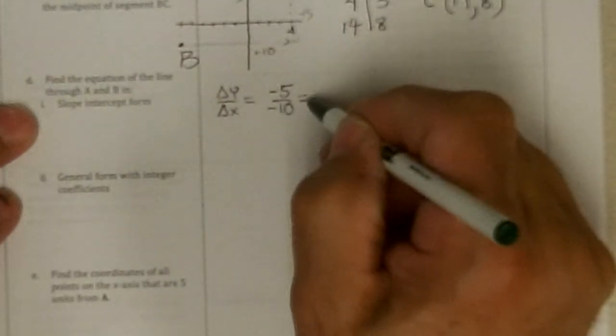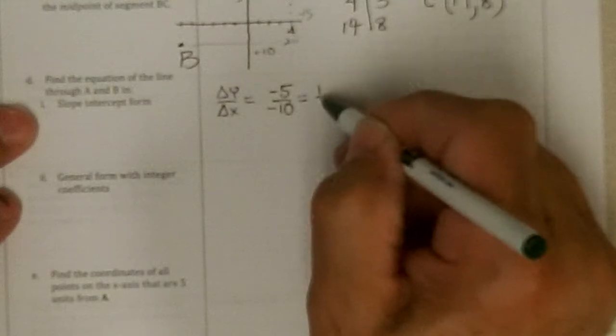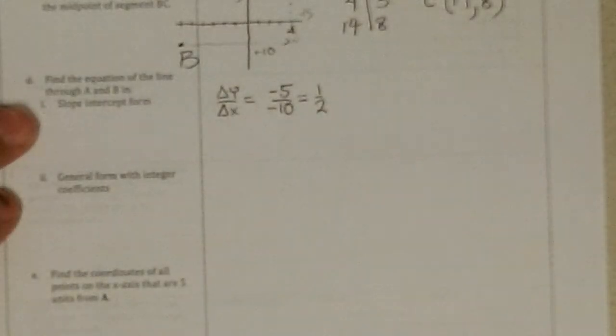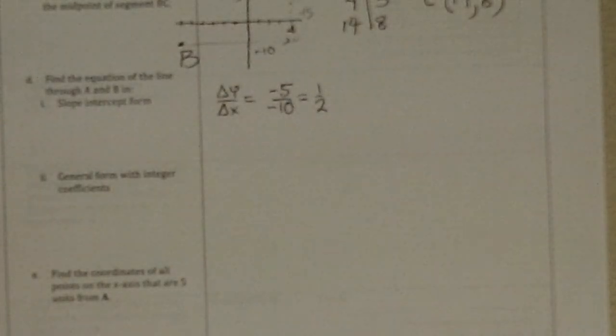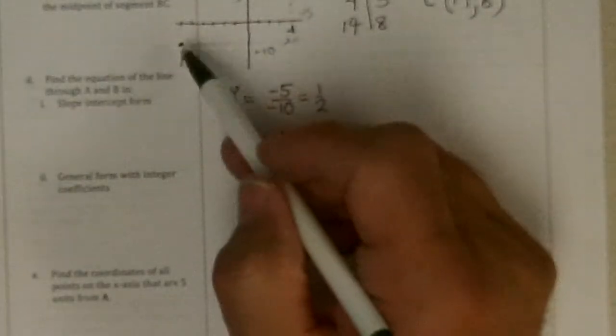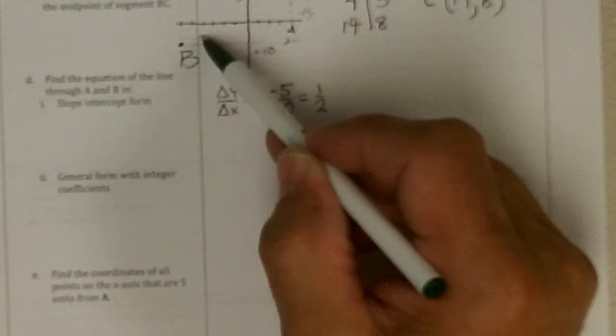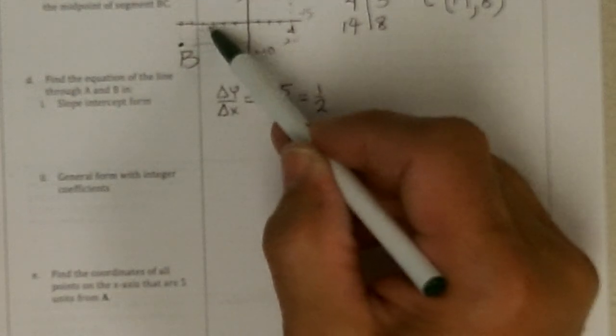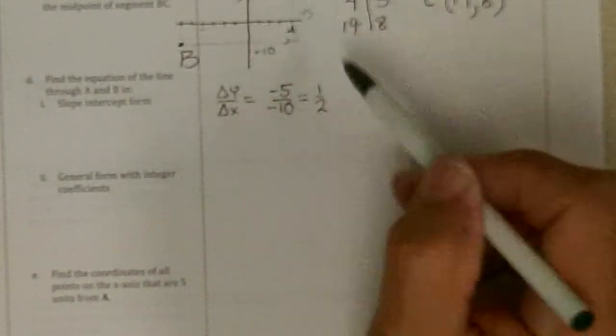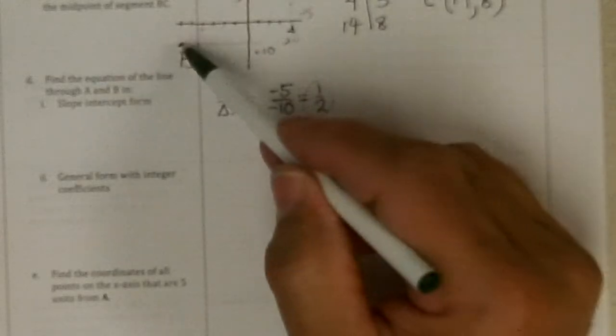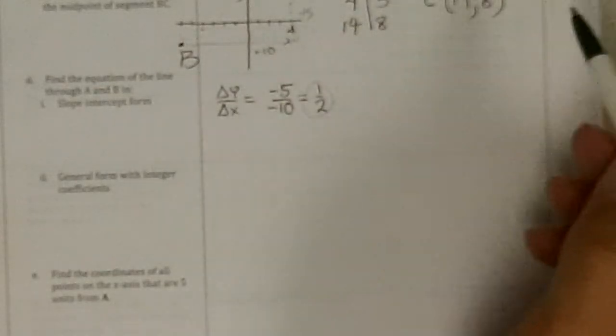And a negative divided by a negative is a positive, and this is 1/2. So that's a smaller change on it. And that's going from B to A. We go up 1 and over 2, up 1 and over 2, and work our way over to A, going from B to A. So that's the slope.